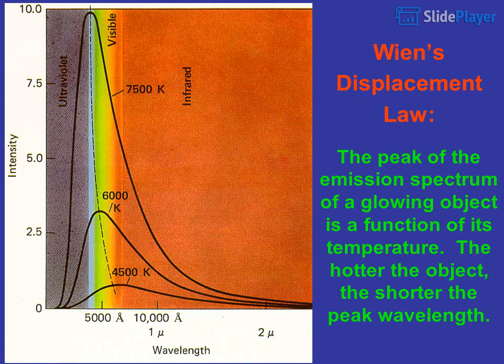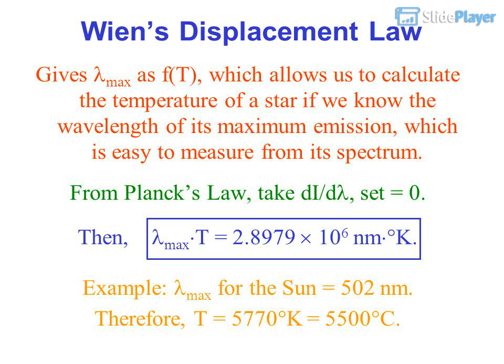The peak of the emission spectrum of a glowing object is a function of its temperature. The hotter the object, the shorter the peak wavelength. Wien's displacement law gives lambda max as a function of T, which allows us to calculate the temperature of a star if we know the wavelength of its maximum emission, which is easy to measure from its spectrum.